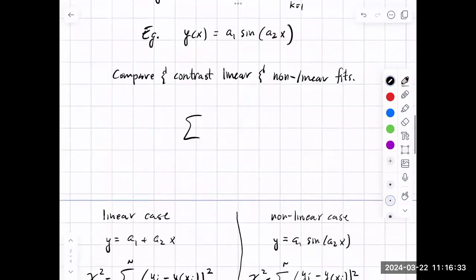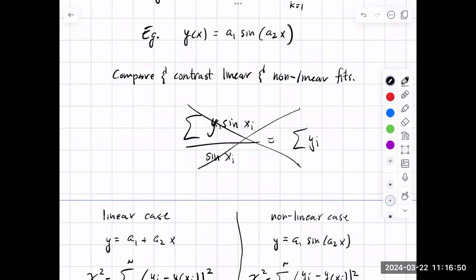If I have the sum of, I don't know, yi times the sine of xi, I can't divide by sine of xi and say that's the sum of yi, right? That doesn't work. It's because this is like n different terms, so that's the reason. Yeah.